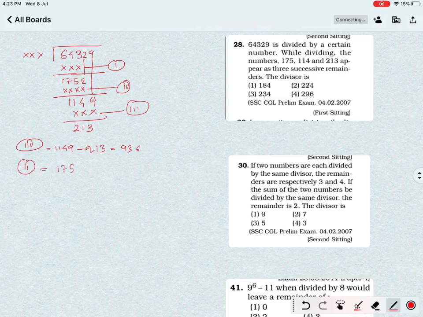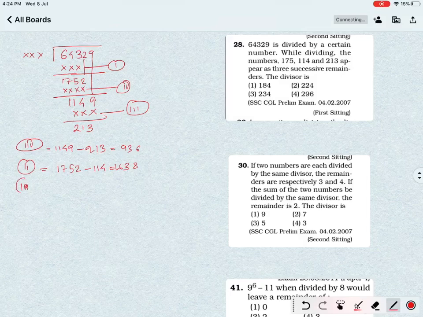Number 2 will be 1752 minus 114, that is 1638.